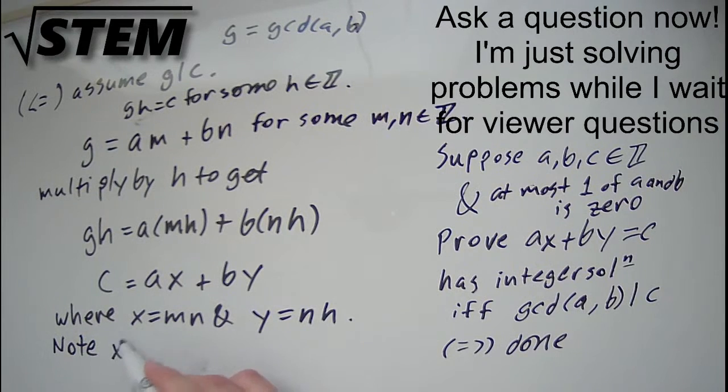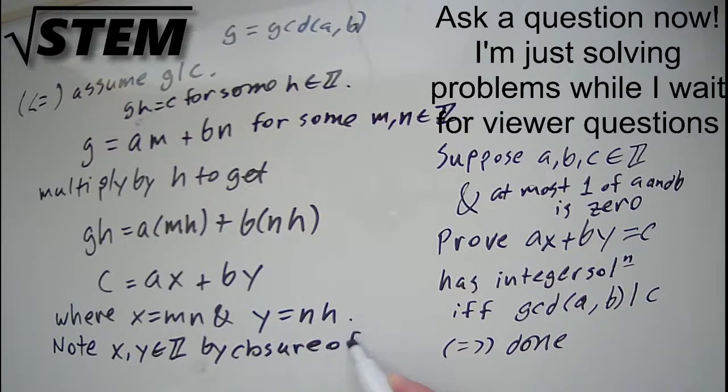Note x and y are in Z by closure of Z. We got the backwards case done. So that gives us a big QED.